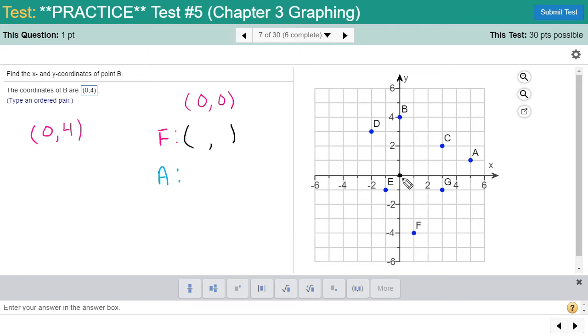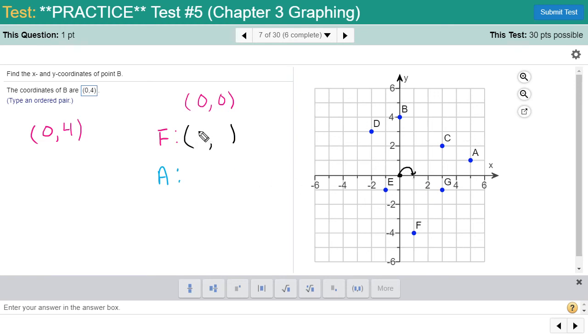So if we want to get to point F from the origin, what sort of vertical and horizontal shifting has to take place? Well, remember, we always shift either left or right first. We always take into consideration the x movement. So to get from the origin to point F, it looks like we're going to have to shift to the right 1 unit.